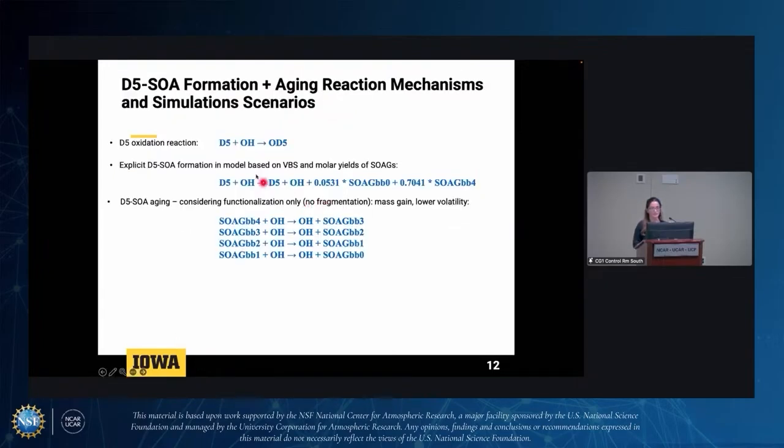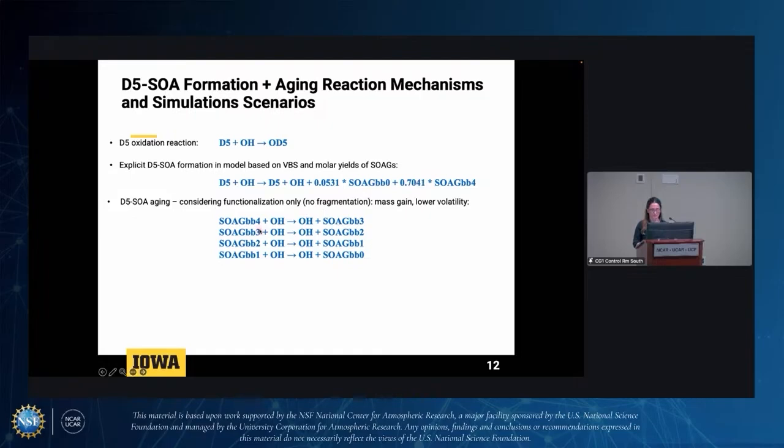Here is how we define the reaction mechanism. We represented the gas phase oxidation product of D5 in the first step, and OD5 is the bulk oxidation product, and D5 can also form the aerosol in this reaction mechanism.